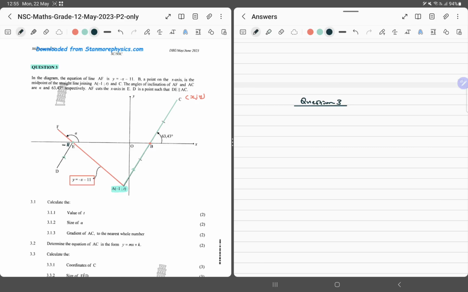Now that means we can actually find the equation of this line, DE, because parallel lines have equal gradients. We've got a point through which this line passes, and we can essentially find the equation of DE. Great. Now knowing that we can find the coordinates of this point A, and we certainly can determine the equation of that line AC, we can work out the x-intercept.